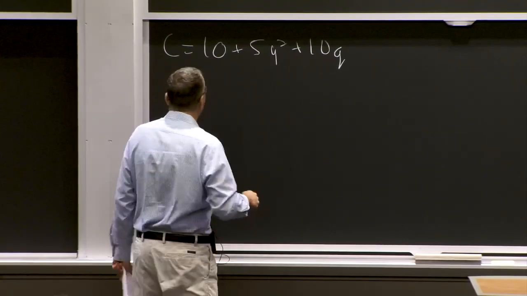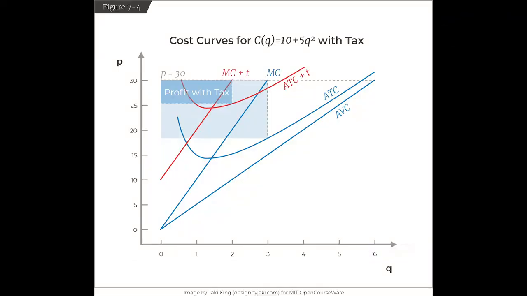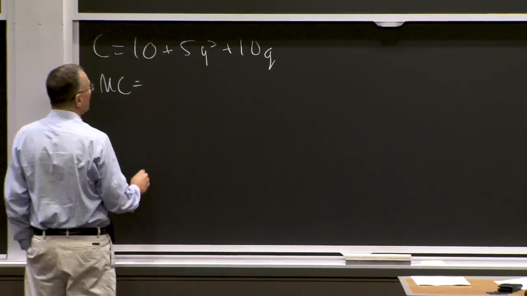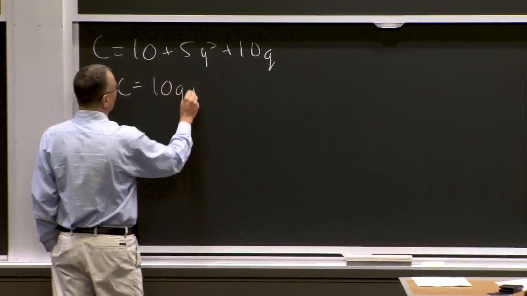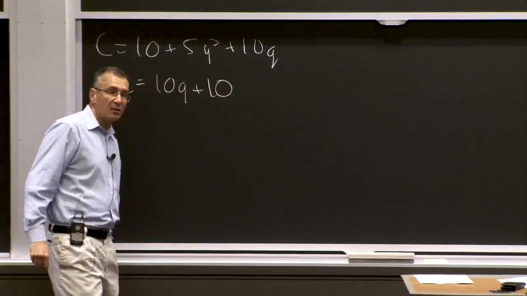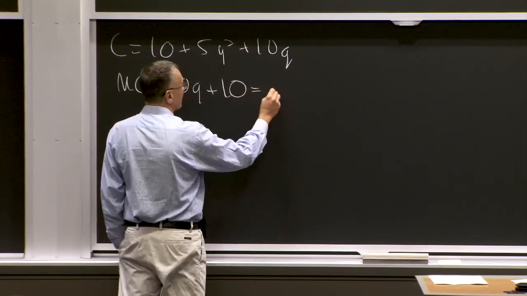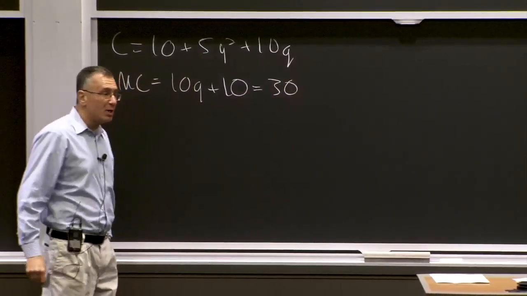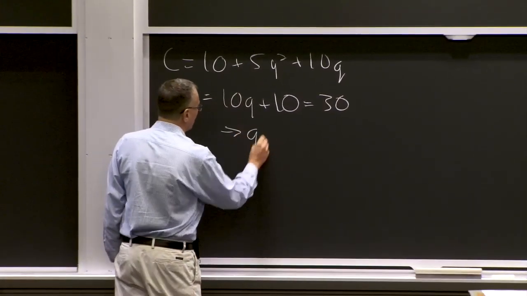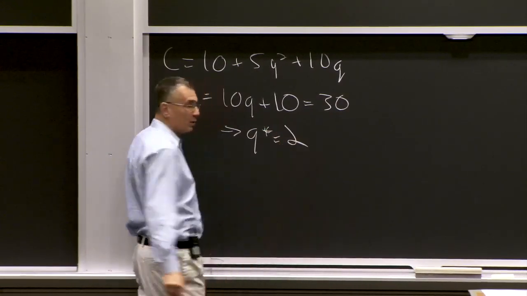That is illustrated in figure 7.4. That means the marginal cost curve and the average cost curve both shift up. Marginal cost is now equal to 10Q plus 10. We want to set that equal to the price to get the optimal Q. And you solve this, and you get a new Q star equals 2.